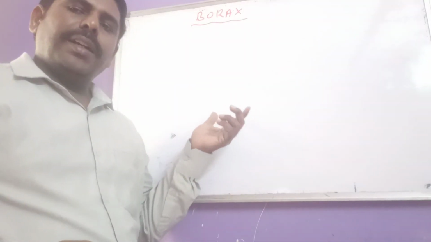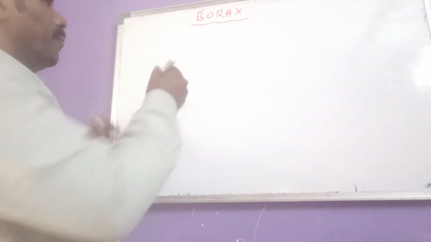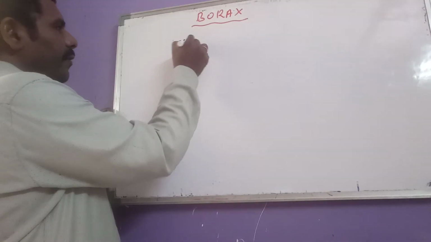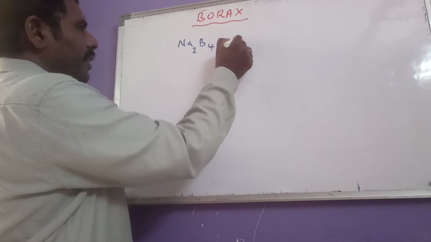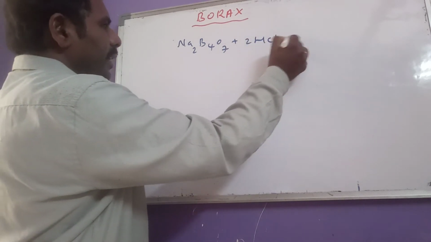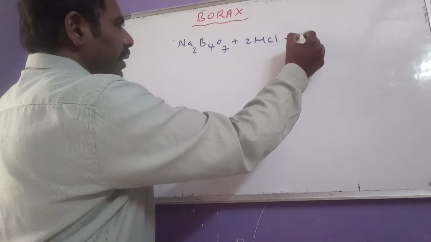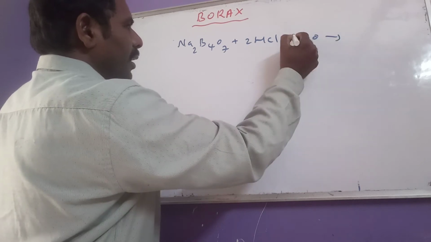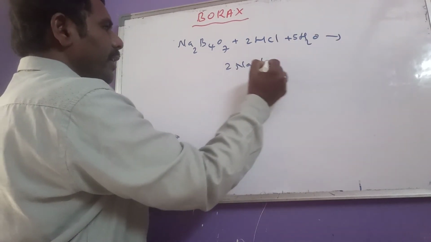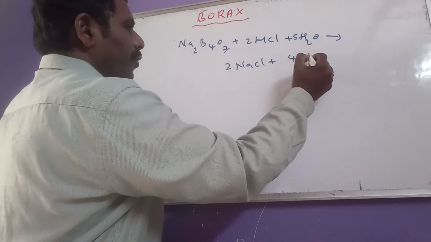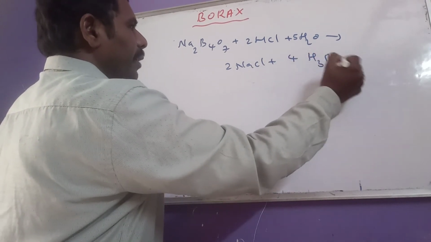Another one: when an aqueous solution of borax is treated with acid, it gives boric acid. Orthoboric acid is formed here. We get 2NaCl + 4H3BO3.